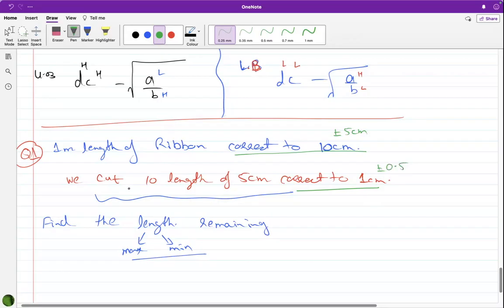Now we have to find the length remaining, the maximum length and minimum length. Each length would be 0.5.